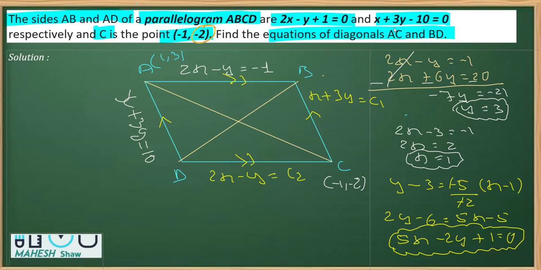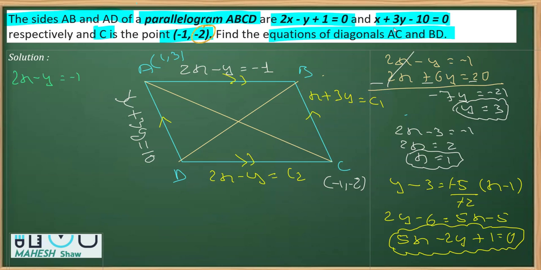Now, what we can do is solve these two equations. If I solve these two equations, we can obtain the coordinate of B. But we haven't as such obtained the value of C1.